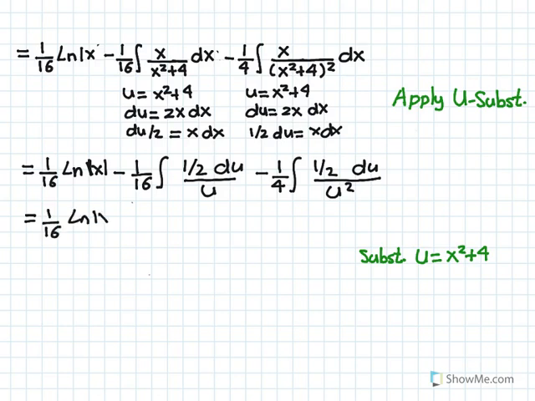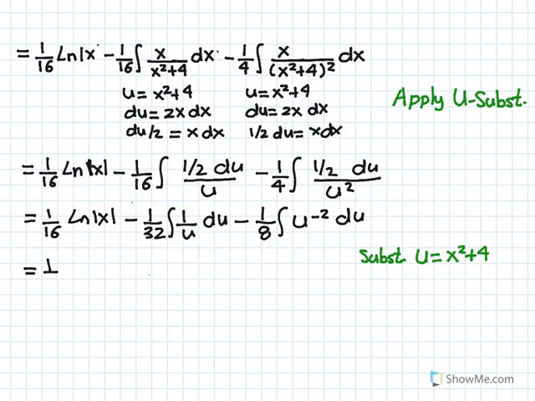Now let's remove the constants and organize this a little bit. We get minus 1 over 32 integral 1 over u du. And pull out the constant 1/2, multiplied by 1/4, we get 1/8. And we will rewrite 1 over u squared as u to the minus 2 because it will make it easier to apply the reverse of the power rule. So u to the minus 2 du.